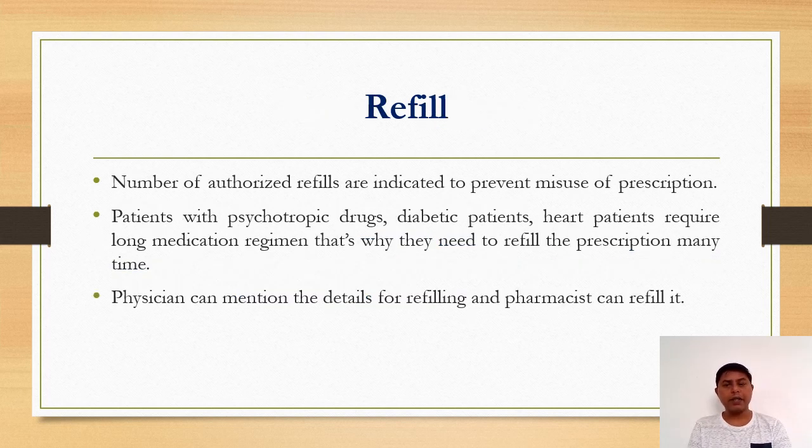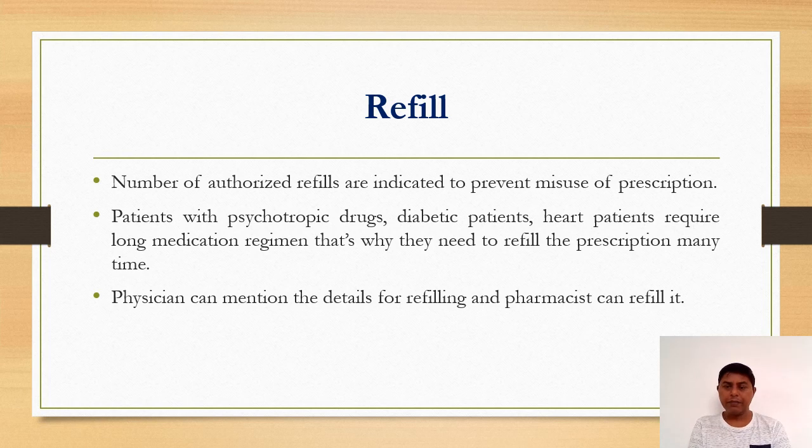Then the next part is refill. The number of authorized refills is indicated to prevent misuse of the prescription, because patients on a psychotropic drug regimen, diabetic patients, and patients with heart disease on long medication regimens need to refill the prescription many times.